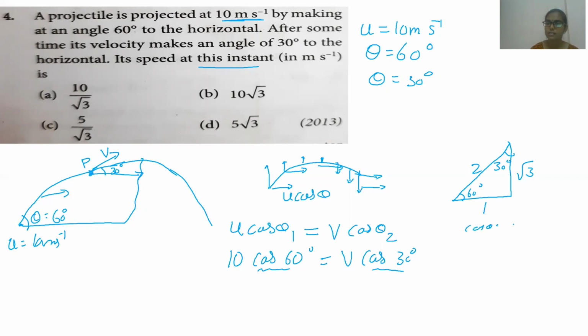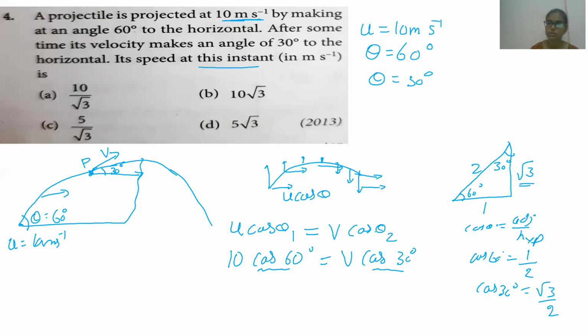Cos theta is adjacent by hypotenuse. For cos 60 degrees, the adjacent side is 1 and the hypotenuse is 2. Similarly for cos 30 degrees, the adjacent side is root 3 and the hypotenuse is 2.